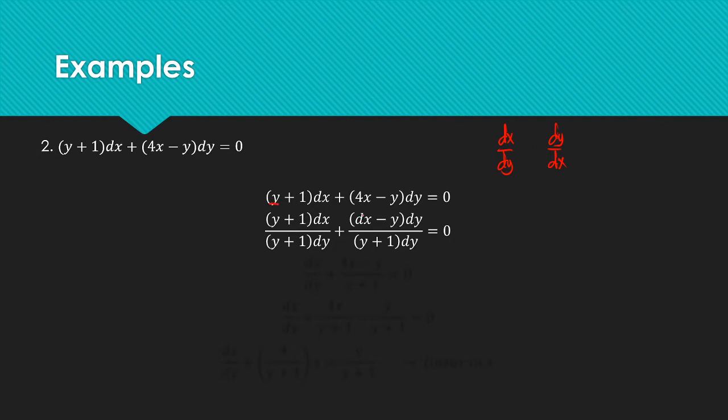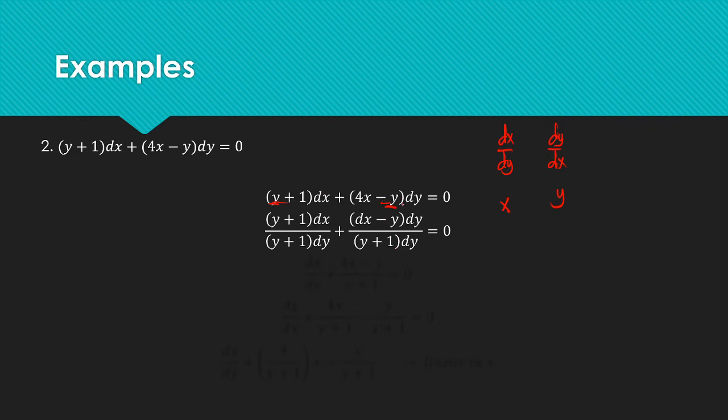May y dito, may y dito. So, most likely, hindi natin pwede na ihiwalay yung y lang mismo. Kasi kailangan natin ng isang x lang, kapag dx over dy yung susundan natin, or isang y lang, kapag dy over dx yung susundan natin. In this case, mahirap na pagsamahin itong dalawang y na to.